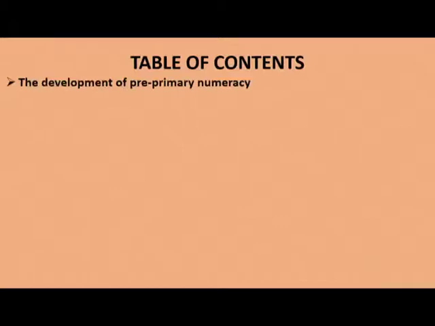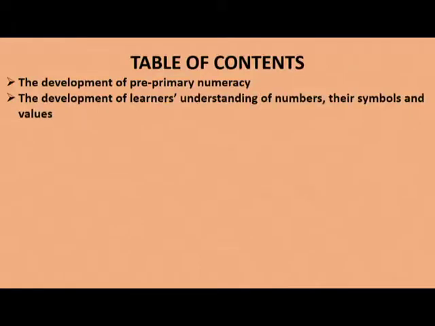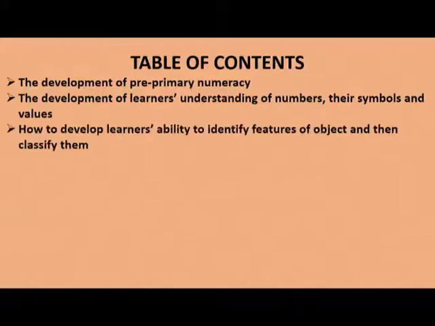We will start off by looking at our table of contents. The first one, the development of pre-primary numeracy. The development of learners' understanding of numbers, their symbols and values. How to develop learners' ability to identify features of objects and then classify them.